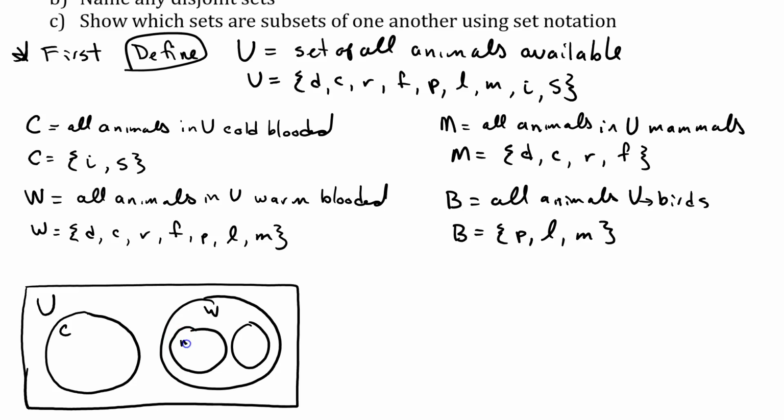We have mammals, and we have birds. So just in another color, I'm going to put the actual elements in. I'm going to use blue. So cold-blooded, that is our iguana and snake. Our warm-blooded are mammals and birds, where mammals are going to be dogs, cats, rabbits, and ferrets. Our birds are going to be parrots, lovebirds, and macaws.